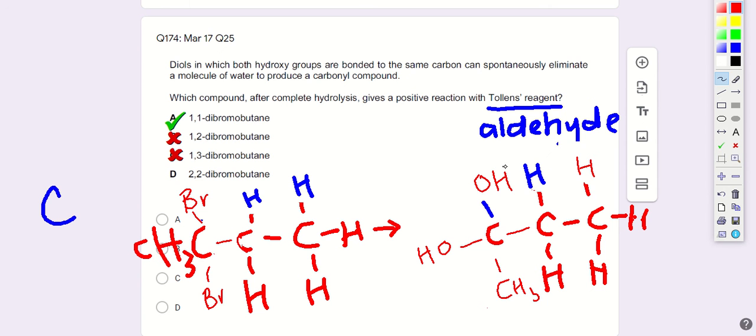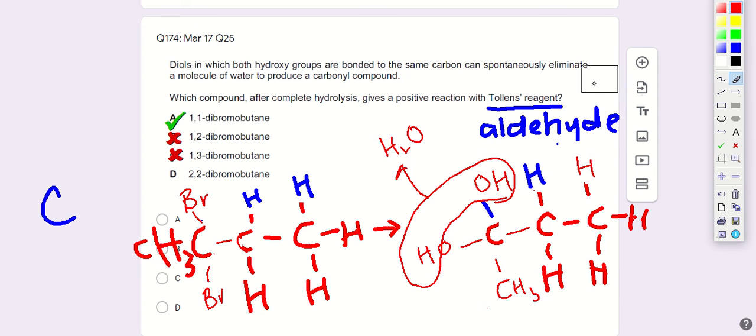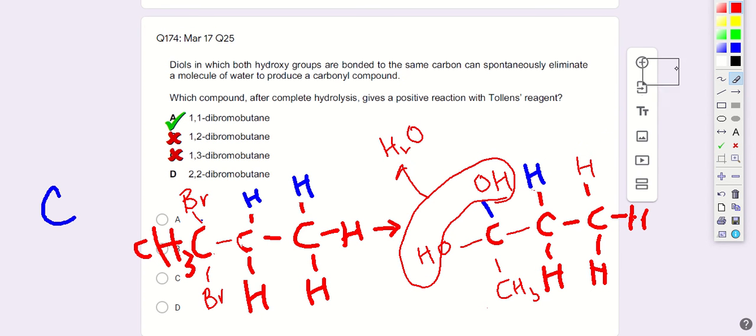So now these two hydroxy groups, okay, let me remove a water molecule. Okay, this will be eliminated as water. So at the end, what do we get is a carbonyl compound. Here now this C is bonded to O with a double bond.